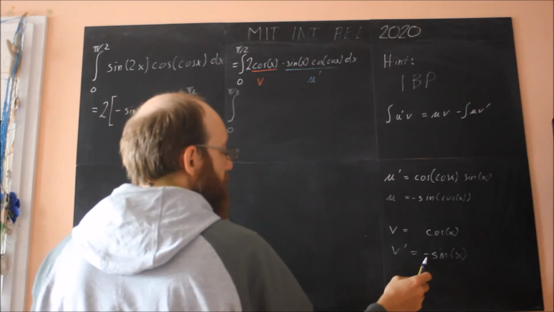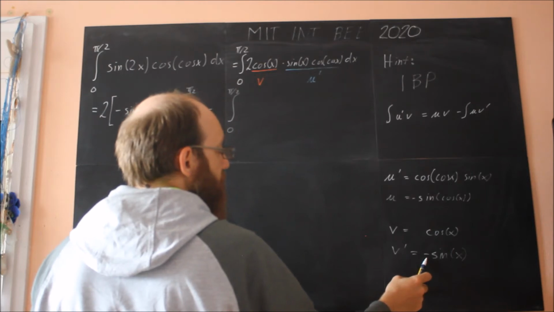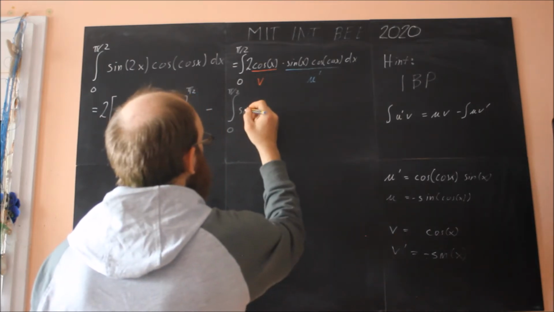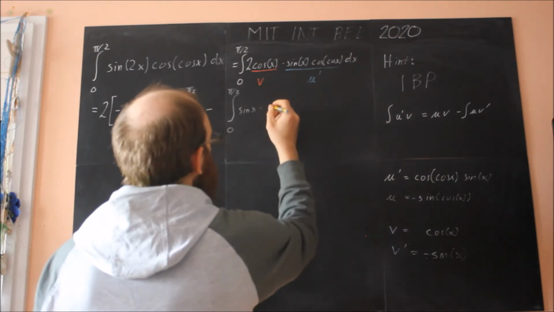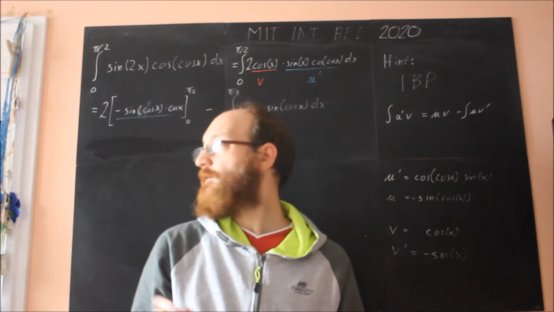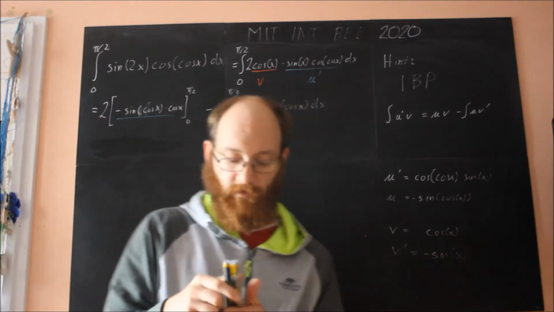Minus and minus becomes plus, so we have sine x times sine of cosine x.